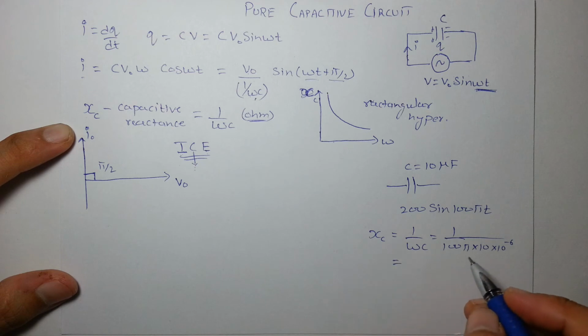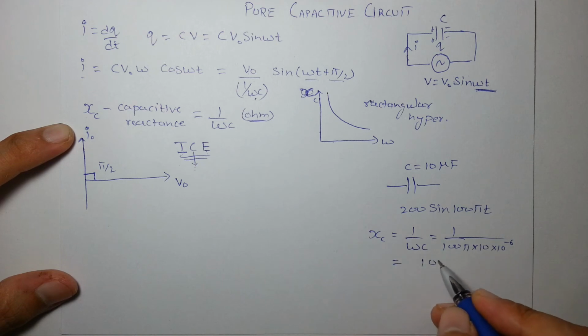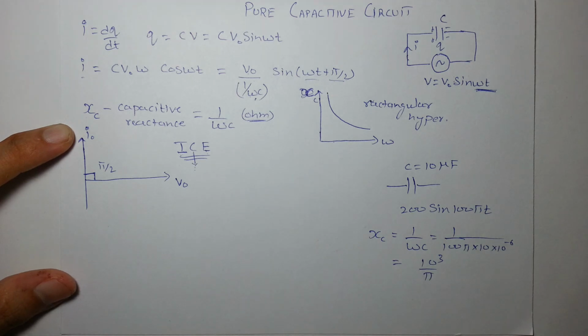So how much is this? It is 10 to the power 3 by pi. This is the value of XC.